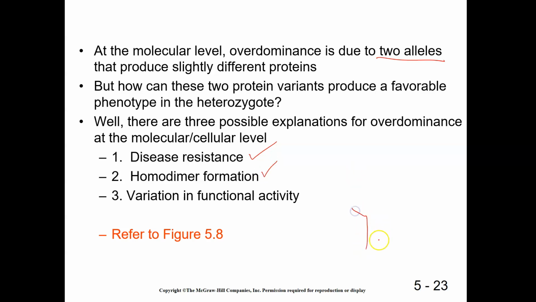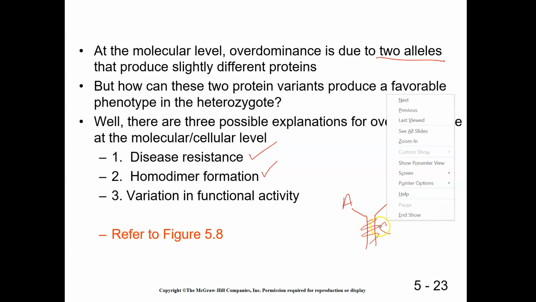Homodimer formation sometimes has to do with proteins that come together to do certain jobs. So this would be protein A, protein B, they're held together by protein C, and as long as you have all these things in place, the job gets done. You break one of them, okay? One allele. In fact, let's just focus on A and B right now. Let's get rid of C, if I can make it happen.